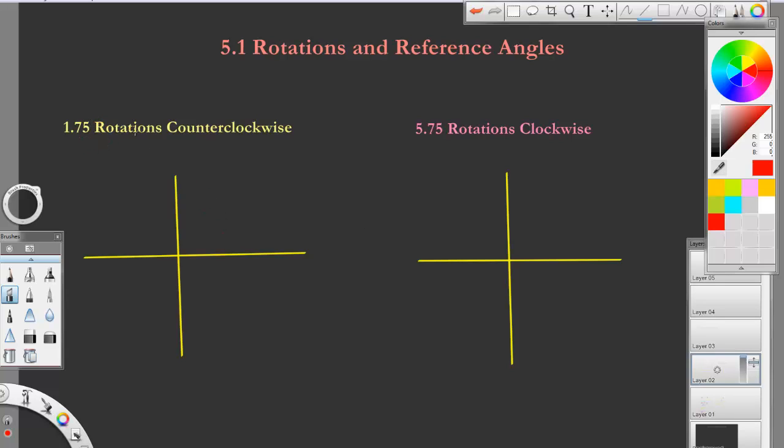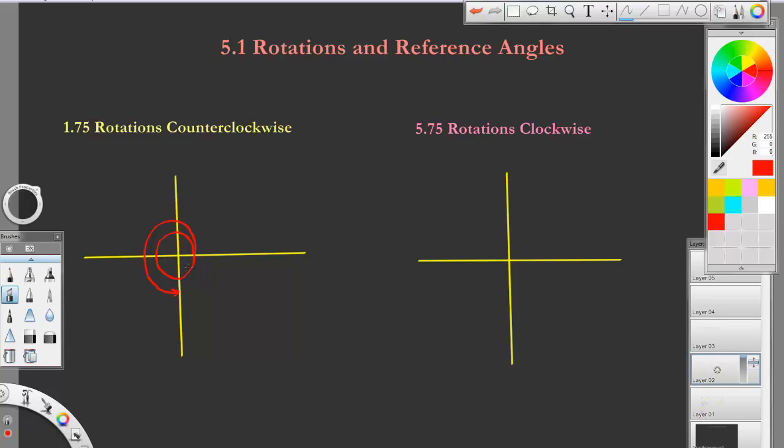So 1.75 rotations counterclockwise. So you tell me, counterclockwise, is that going to be positive or negative? Positive. So 1.75 rotations is going to go all the way around once, and then go 3/4 of the way around again, and stop right there.